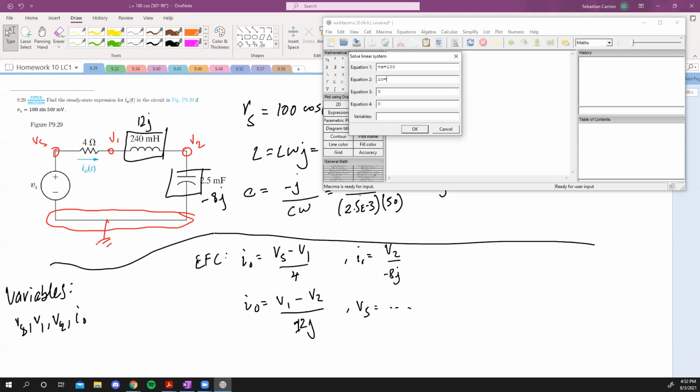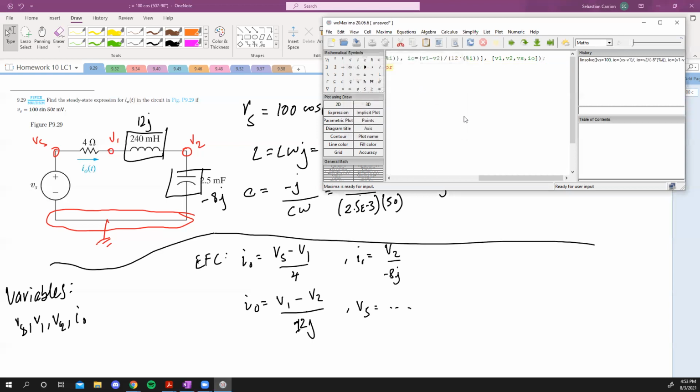Then I naught is equal to Vs minus V1 over 4, and it's equal to V2 over negative 8 times percent I, and equal to V1 minus V2 over 12 times percent I. So we have V1, V2, Vs, I naught. Okay, and what did we do wrong?